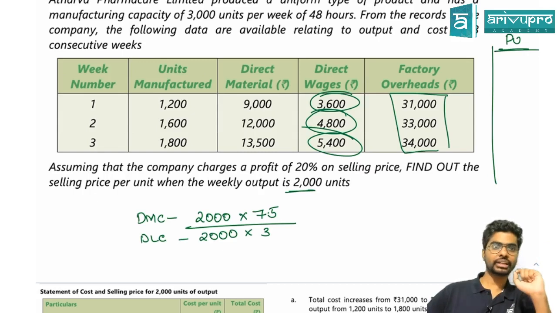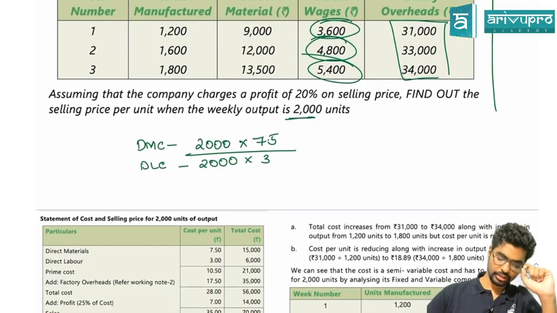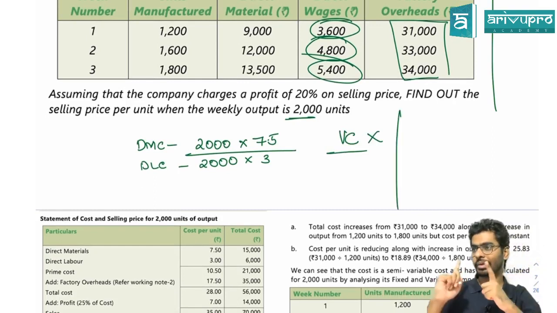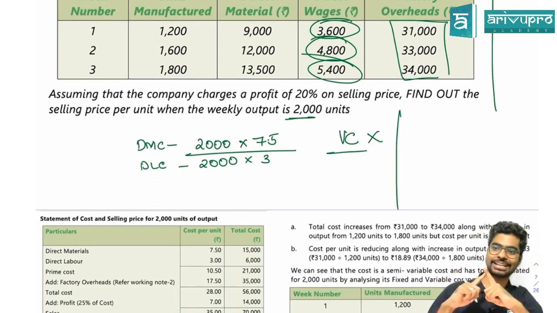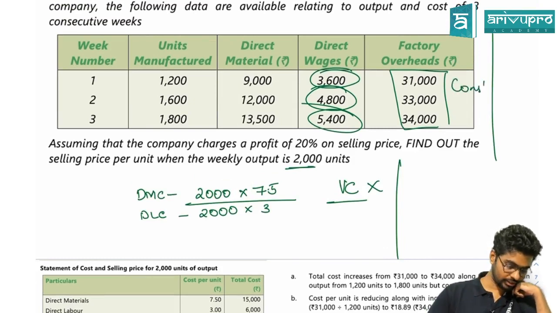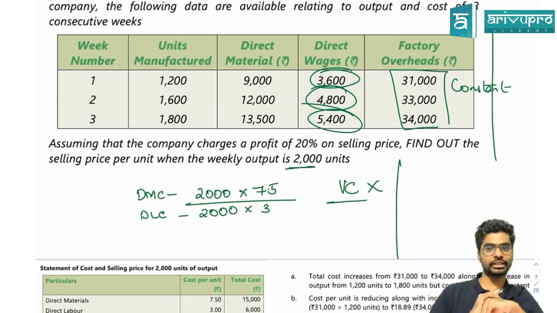When it is different in all the 3 cases, Amoda, that means it is definitely not a variable cost. Second thing, the moment it's not a variable cost, I check is it a fixed cost. How do I check is it a fixed cost? I check it, is it a fixed cost when it is constant in all the three cases. Constant in total in all the three cases. Is it constant in all the three cases?